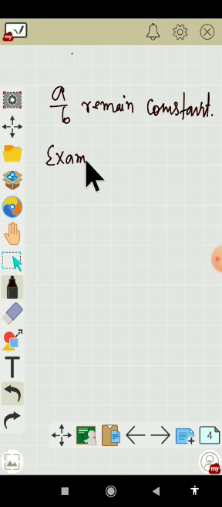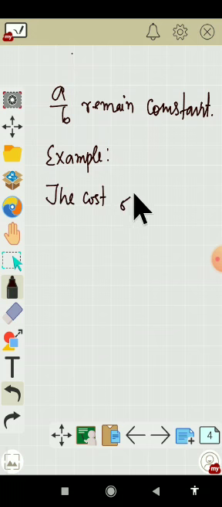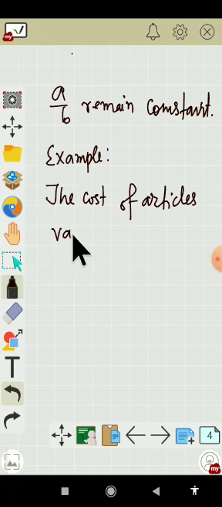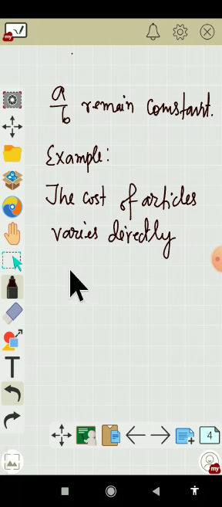Example: the cost of articles varies directly as the number of articles.